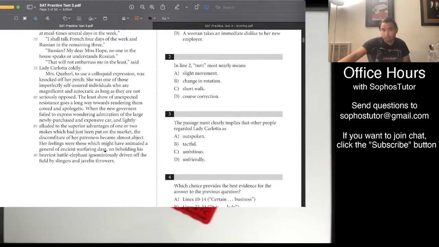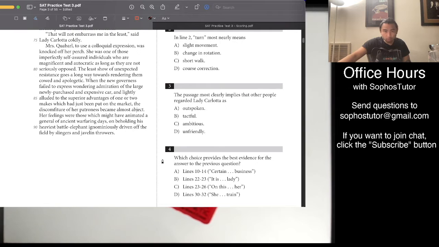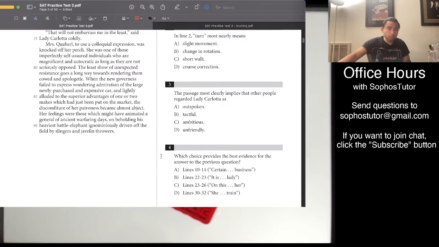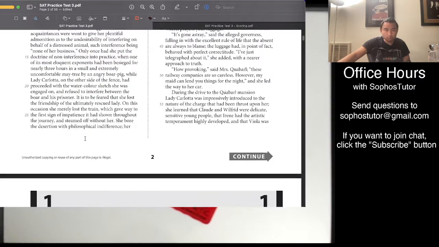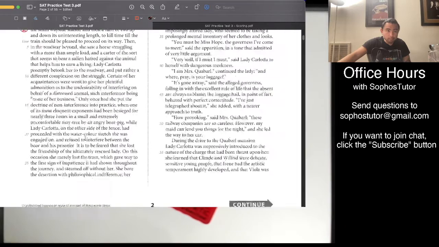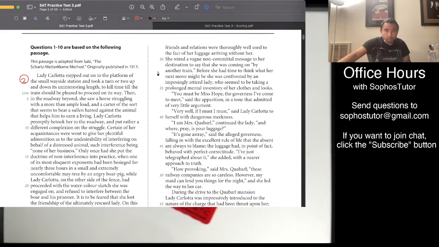If I continue, the next annotation will be for question 4. Now, when there are questions that have multiple line references, the only line that I care about is the last line reference. In this case, line reference 32. So we'll go to line 32. I'll put in question number 4. So line 32 is over here. I'm going to write the number 4.